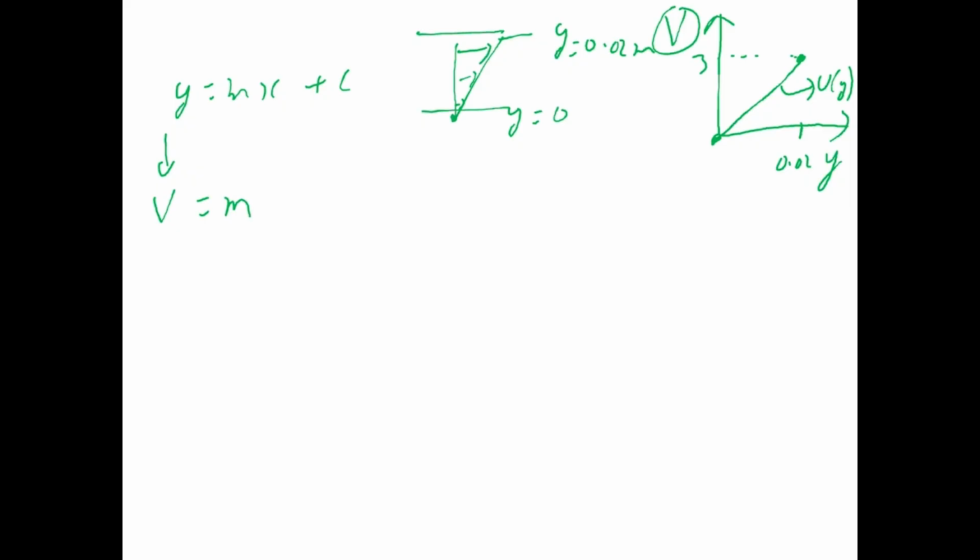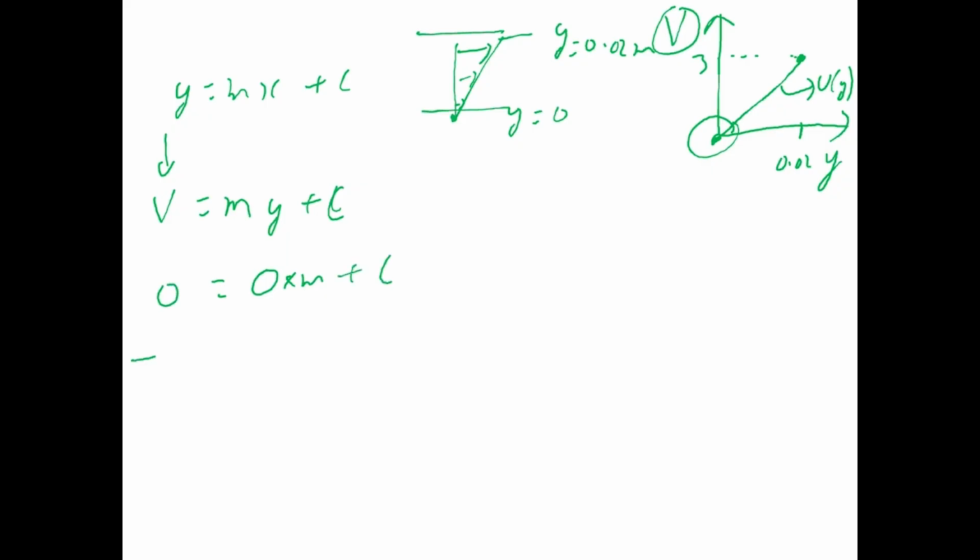You have m, and your x-axis actually represents the distance in the y direction. So this is v equals m y plus c, right? If you plug in the values here, at y is equal to 0, you have 0 times m, v is 0, right?